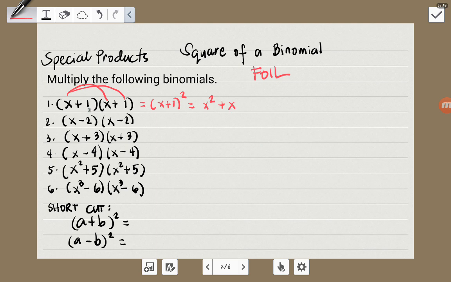Inner term, 1 times x, that's positive x. And 1 times 1 for the last term, that's positive 1. Simplify, that's x square plus combine like terms, x plus x, that's positive 2x, and then plus 1.